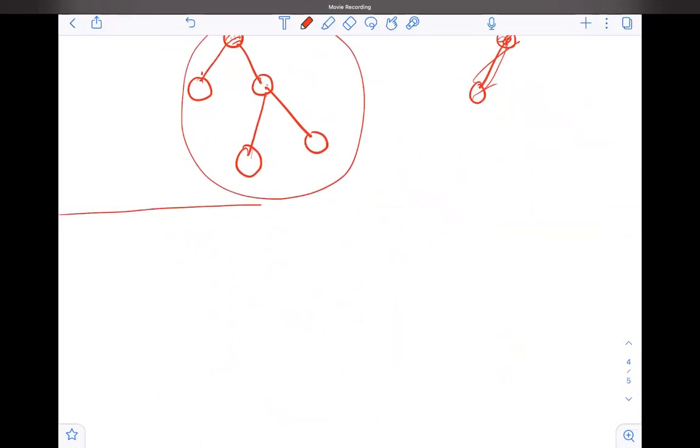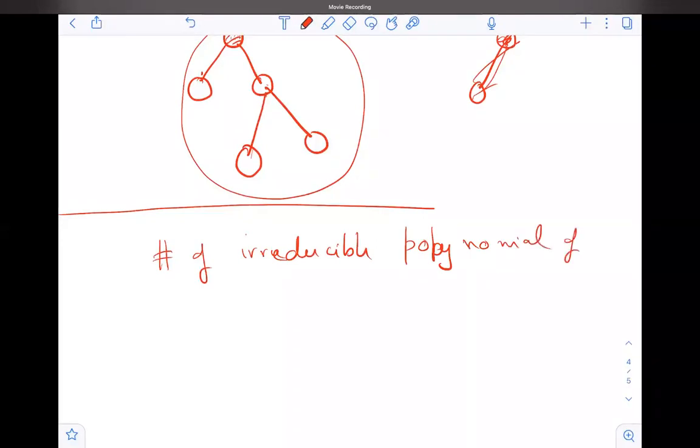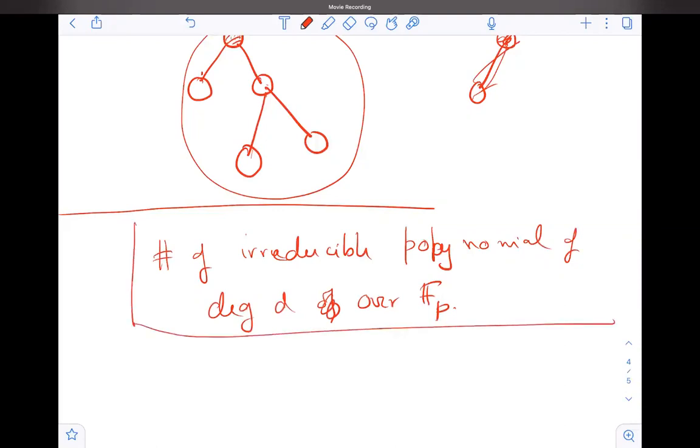So for you guys, I will just say, can you count the number of irreducible polynomials of degree d over F_p? Such so-called mathematical counting can only be done through generative functions.